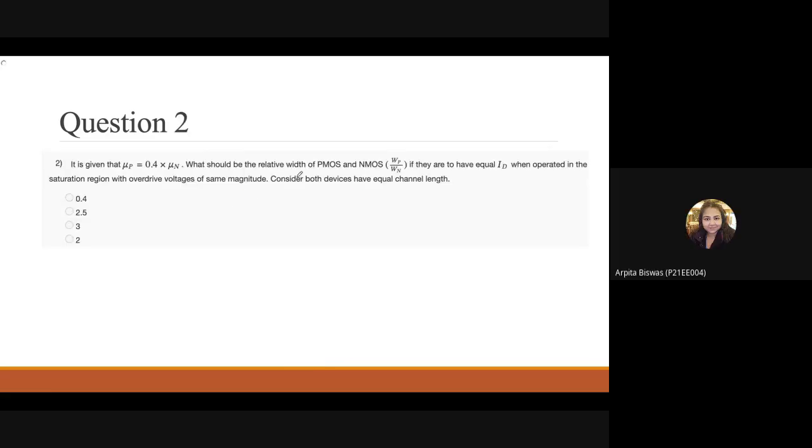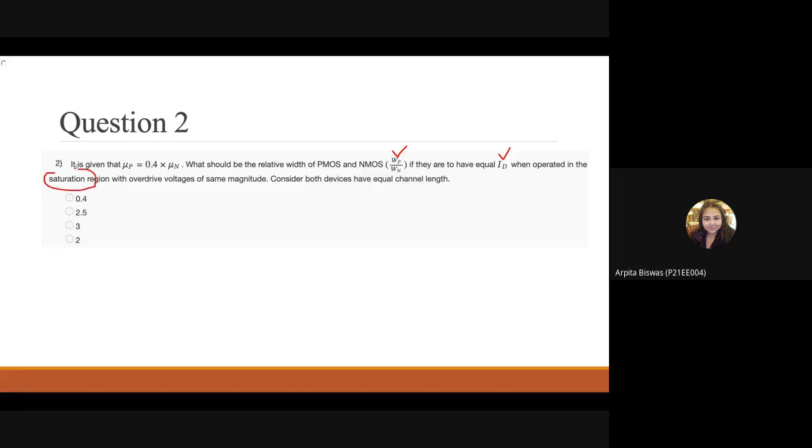So this is question number 2. It is given that mu p is equal to 0.4 into mu n. What should be the relative weight of the PMOS and NMOS, WP by WN, if they are to have equal ID? And you have to calculate this WP by WN when operating in the saturation region. So this is another condition.